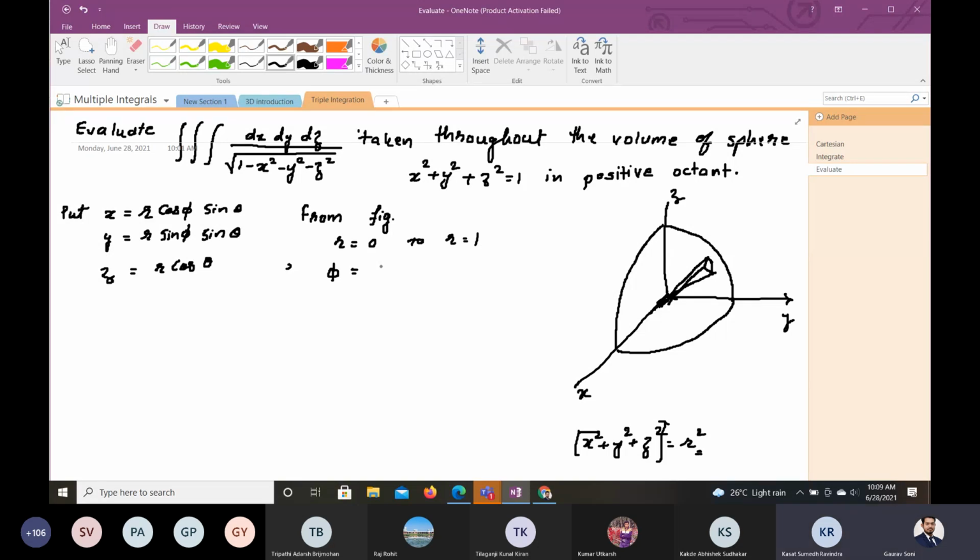Yes, 0 to 90, 0 to pi by 2, exactly. So limits of phi are from 0 to pi by 2. What about theta? How much maximum angle can this pillar make with positive z axis? 0 to pi by 2 again.